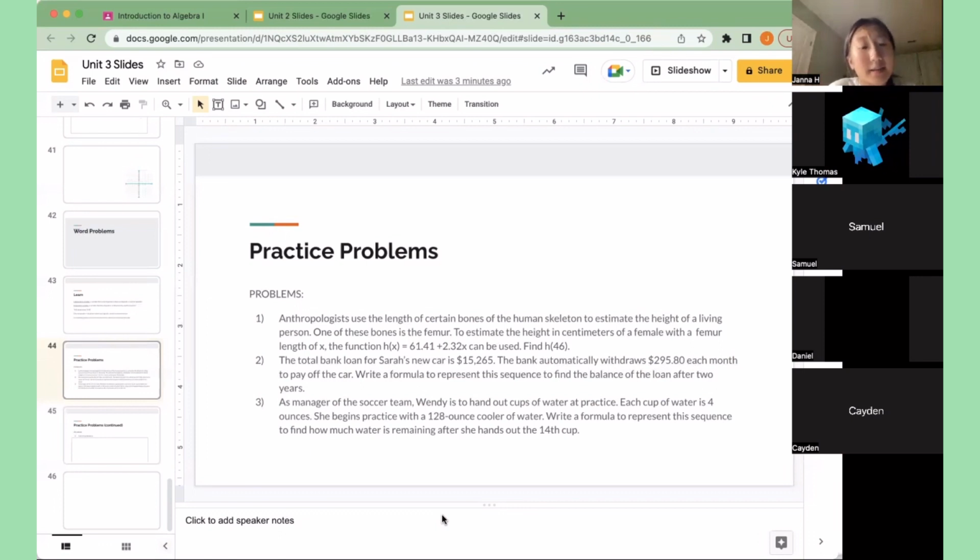If we make x equal the number of months, we could just multiply this by x, and that's how you find how much money she owes. Okay, so if you want to find the loan after 2 years, it would be f of 24, because each year has 12 months and the payment is monthly.